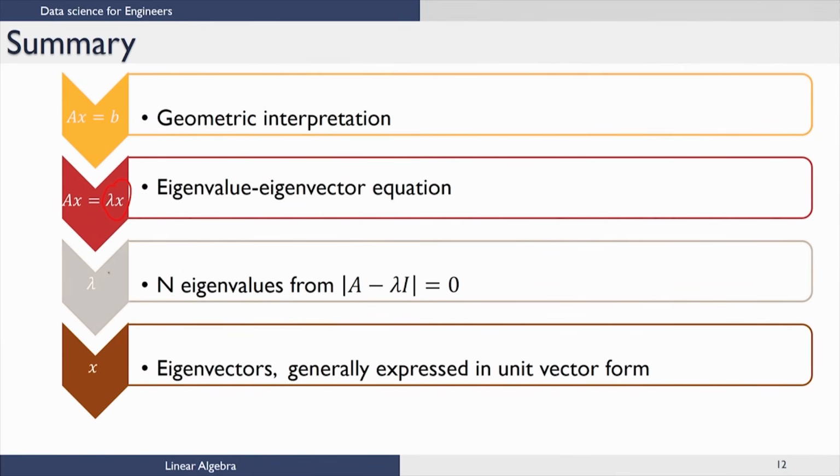To calculate the eigenvalue, we calculate the determinant of A minus lambda I and set it to 0. For an n by n matrix, there will be an nth order polynomial that we need to solve, which opens out the possibility of the eigenvalues being either real or complex. Once we identify the eigenvalues, we can get eigenvectors as the null space of A minus lambda I, where lambda is the corresponding eigenvalue.